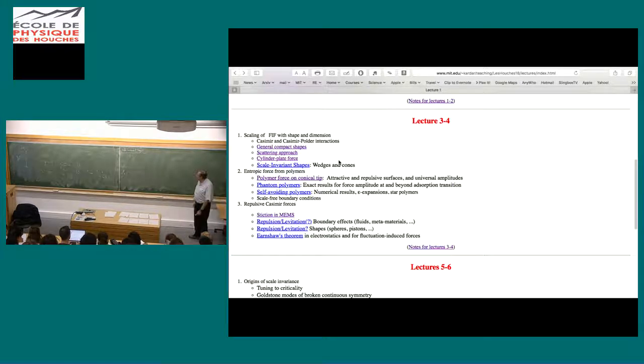Okay? So we will calculate some of these universal amplitudes, but I'll do them in a much simpler case to give you another set of ideas in the context of polymers. Another type of scale invariant shape that you can imagine is to bring a knife edge, or if you like, rather than a knife edge, maybe something that has an opening angle, a wedge.